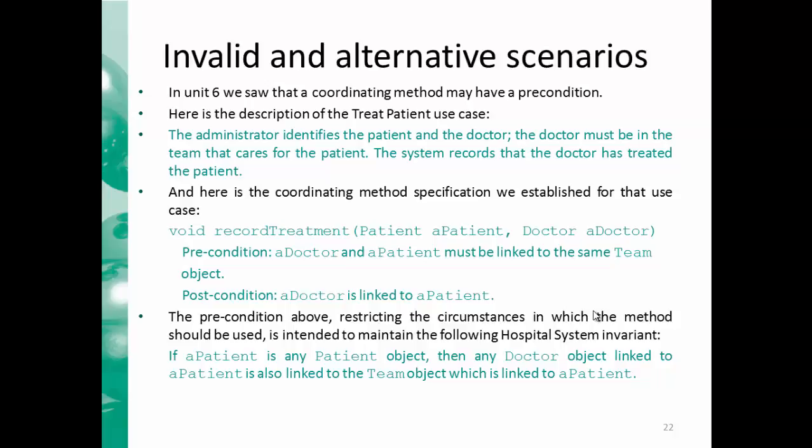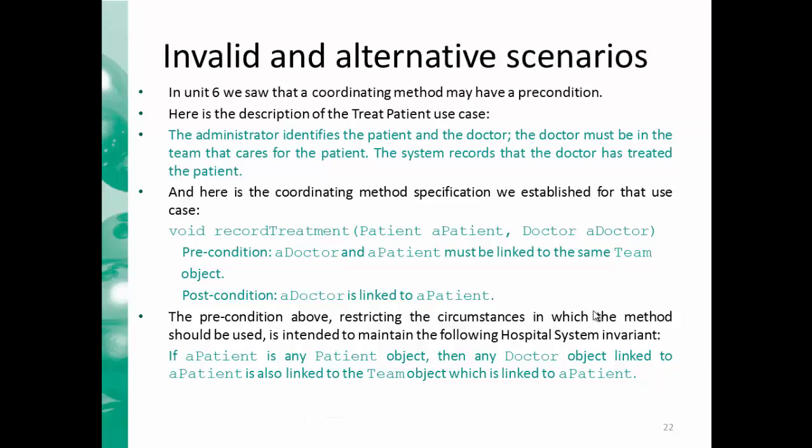It has a precondition and a postcondition. The precondition: the doctor and the patient must be linked in the same team, meaning they must be connected to each other through the link cares for. And the postcondition: we will link one doctor to one patient.